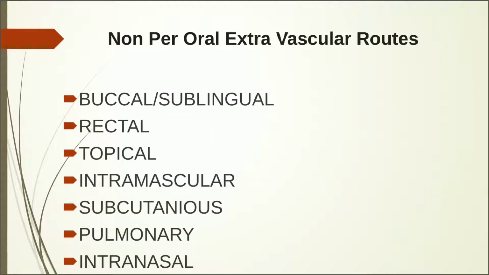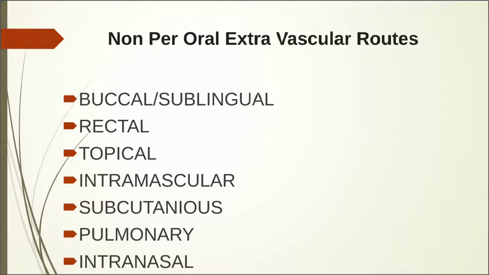Now let us see what kind of routes are available under the heading of non-per-oral extravascular routes. So we have buccal or sublingual route of drug administration, rectal route, topical and intramuscular route, subcutaneous, pulmonary and intranasal route of drug administration.